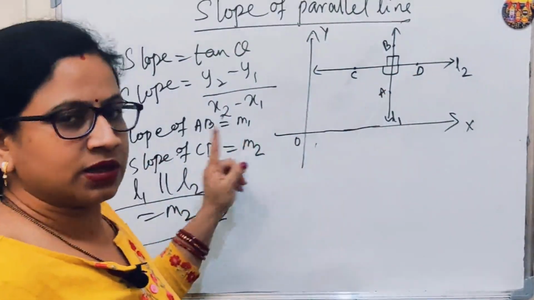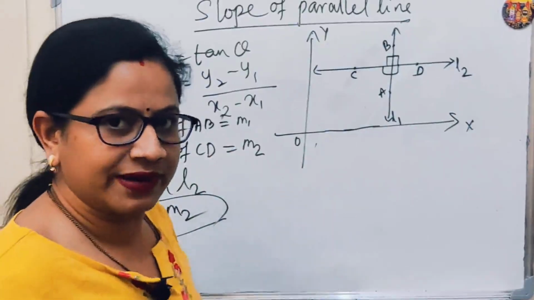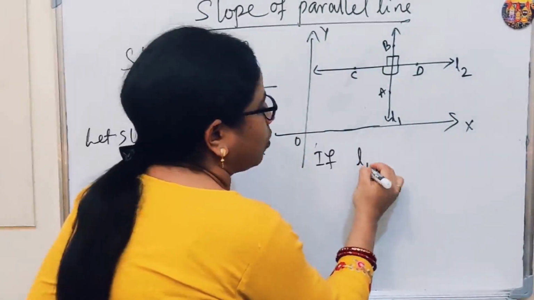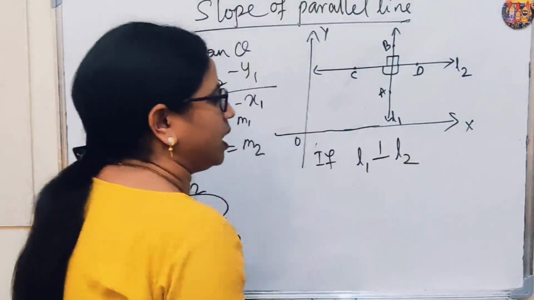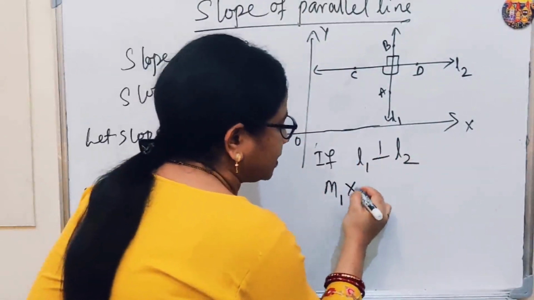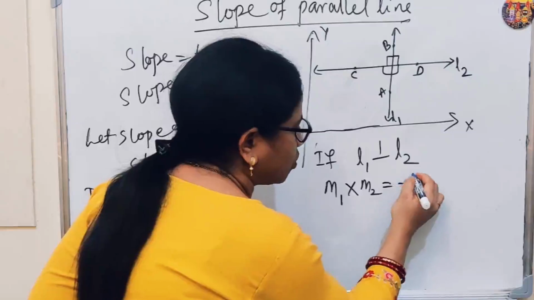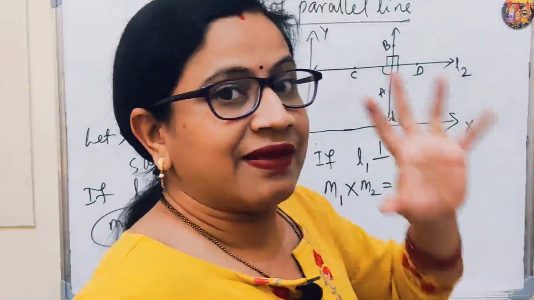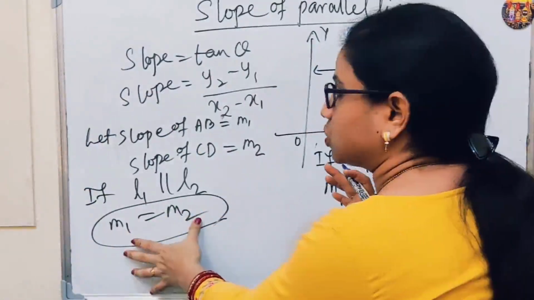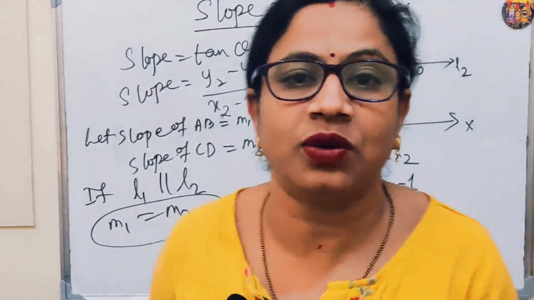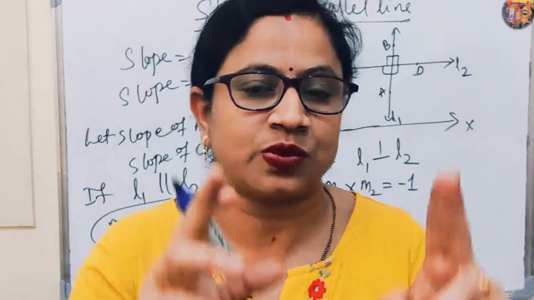Slope of AB is M1, slope of CD is M2. If L1 is perpendicular to L2, then M1 multiplied by M2 is equal to minus 1. So when lines are parallel, slopes are equal to each other. When lines are perpendicular, the product of slopes is minus 1.